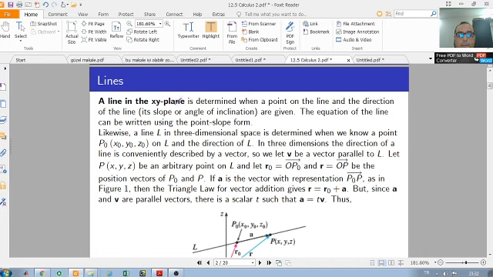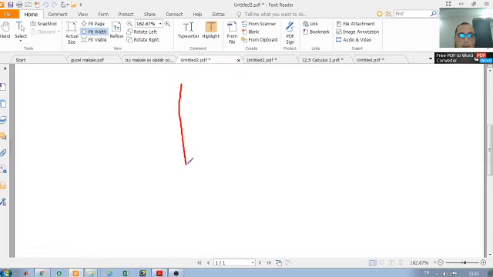If you remember, a line is determined when we know a point on the line and its slope, or if you know the direction of the line. So the equation of the line can be written using the point-slope form.